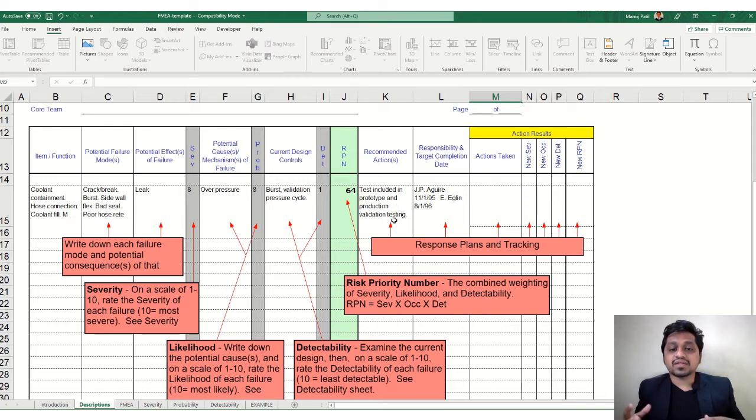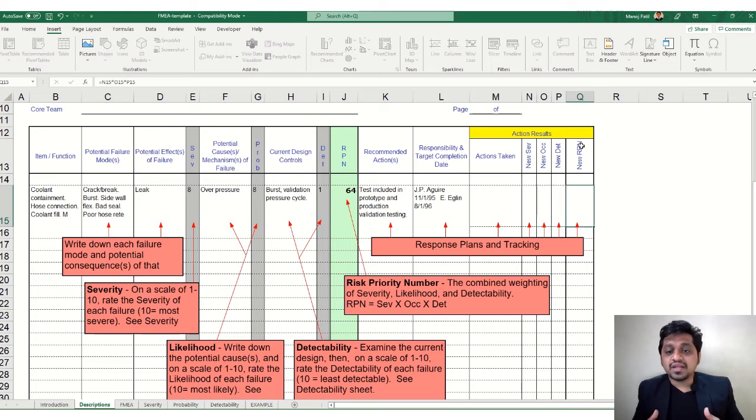Then recommended actions, what actions you have taken care of. We have tested the prototype during the production. Then who is responsible and what is the target date of completion, how you are going to complete the target. That you have to write. And then the very important thing is the action results, action taken. Then what is the new severity, new probability, new detectability, and the new RPN number.